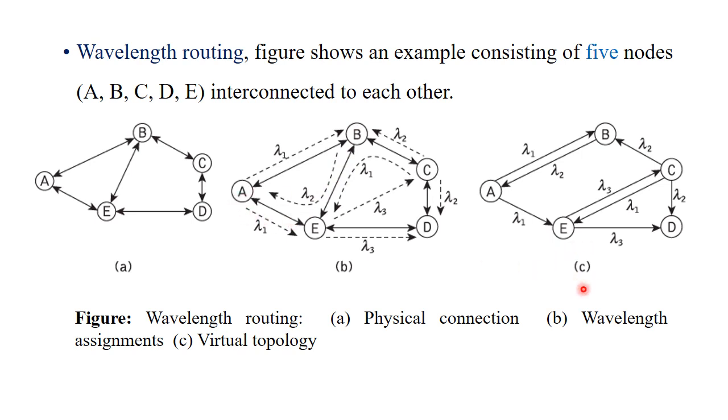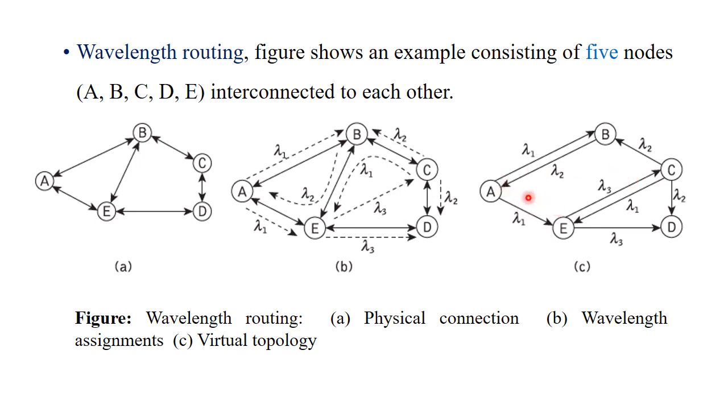Coming to the last one, the virtual topology. What this virtual topology says is that all the nodes are interconnected, but not always via the same path. For example, from A to C I want to establish a path.